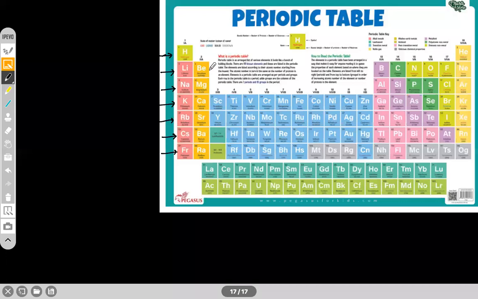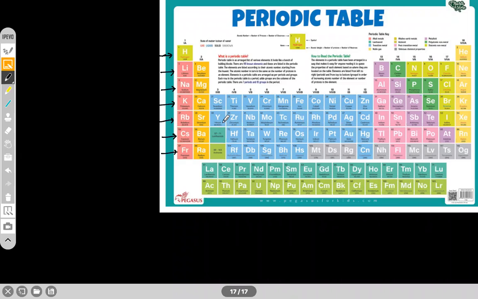Beryllium has 4 electrons, so 1s2, 2s2, and magnesium has the same outermost configuration, 3s2. I'm not writing the electronic configurations down here, since you have already done them.